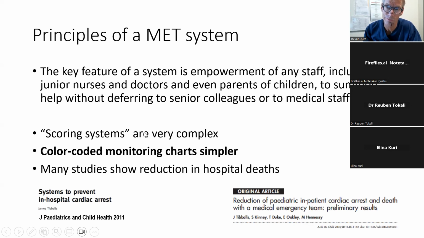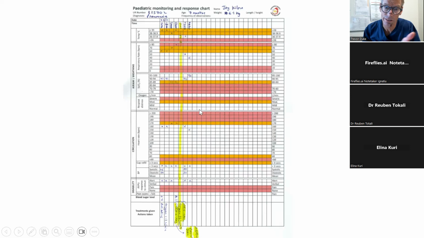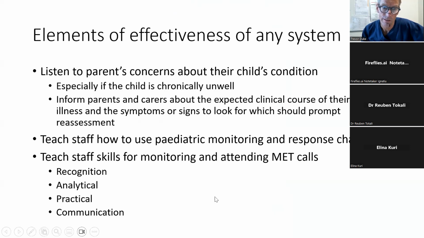There are some scoring systems, but I don't think they're much more complex, and I wouldn't recommend them. I think it's better for people to be able to read color-coded charts. The type of chart I mentioned before is a very good system to use, and it's pediatric orientated. So I hope you can incorporate that into your hospitals.